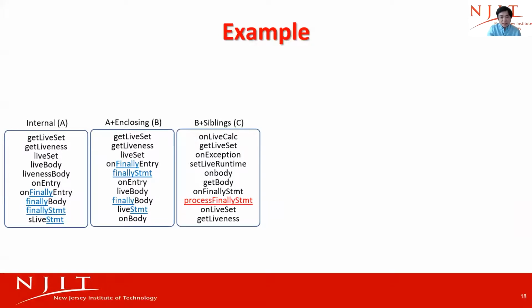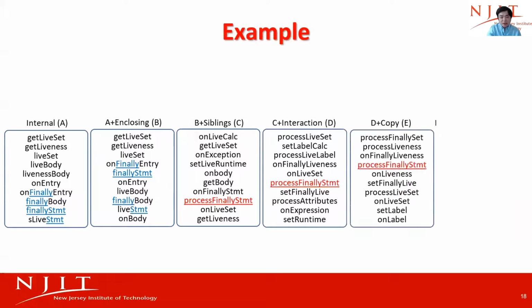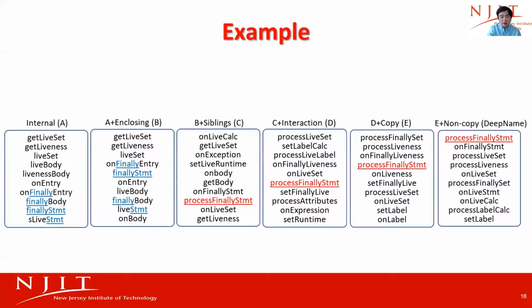After this, when adding each feature one by one, the correct answer ranks higher. In the end, when we add all the features, including the four key contexts and the copy and non-copy mechanism, the correct method name is ranked at the top 1. So these results prove that by adding each feature, our approach gets a better result, meaning that each of them contributes to the final performance of our approach.